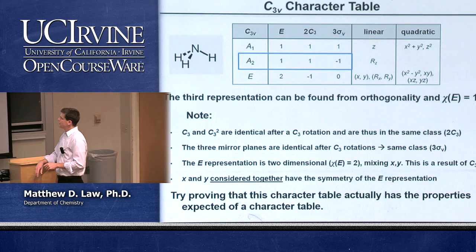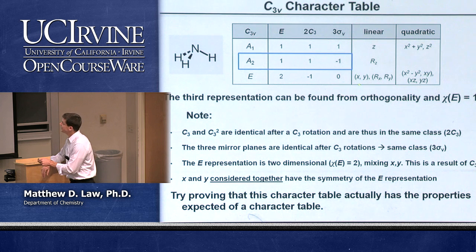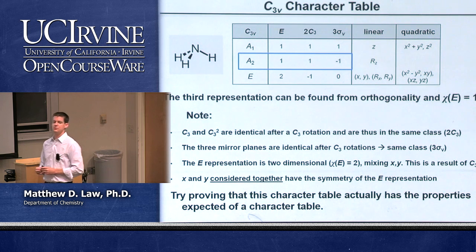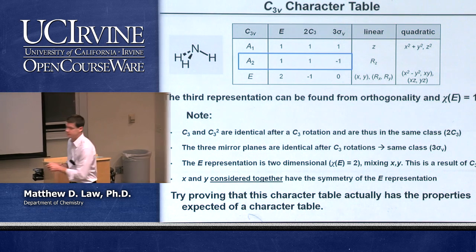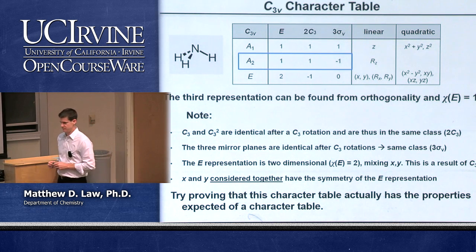And the way that we think about this is that when we see the full character table, here are the functions. When you see functions that are in parentheses like this, this is telling you that the X and Y together transform like an E. The X and Y are inextricably linked together in this case.